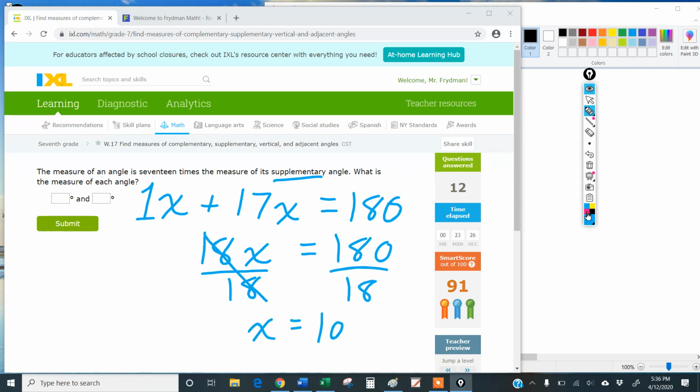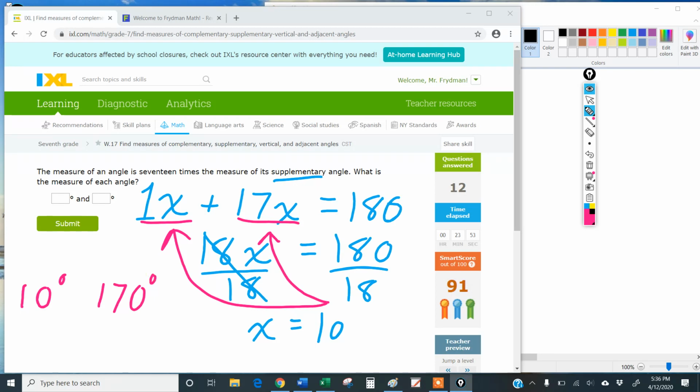So that means that one of my angles is just 1 times 10, or 10. So one angle is 10 degrees, and the other angle is 17 times 10. Remember, x we just figured out is equal to 10. So the other angle is 17 times 10, which is 170 degrees. So did we meet the first criteria, which is that one angle is 17 times as large as the other angle?